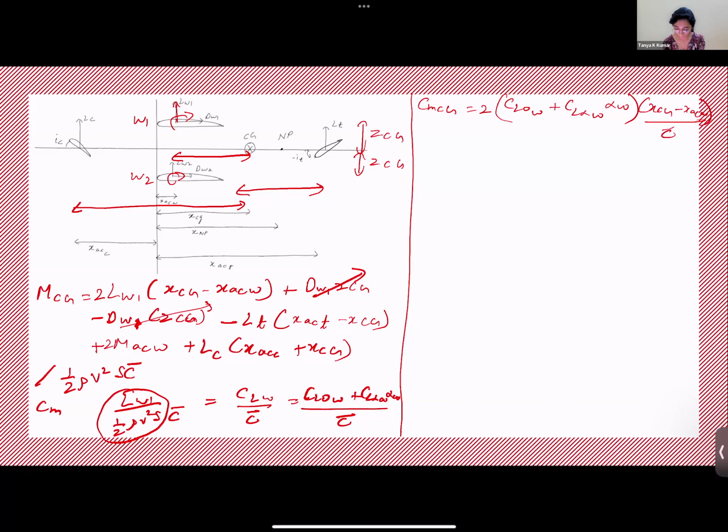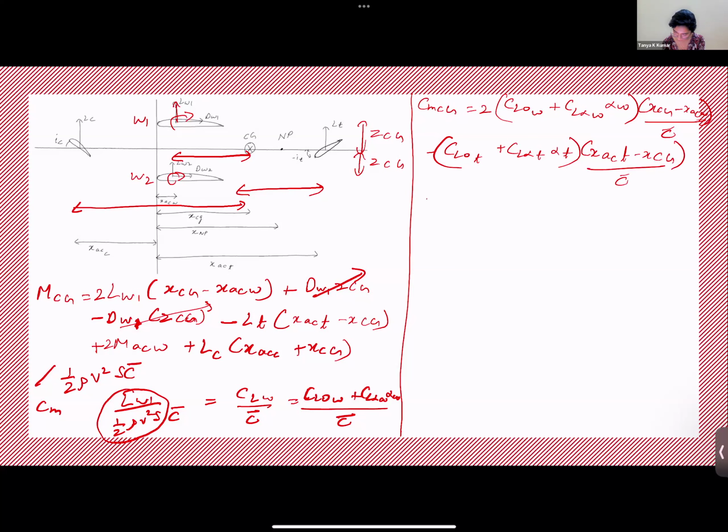Okay. Similarly, for the tail, let's do it for the tail now. So it will be minus CL naught of the tail plus CL alpha of the tail into alpha of the tail. And you have XAC tail minus XCG by C bar.